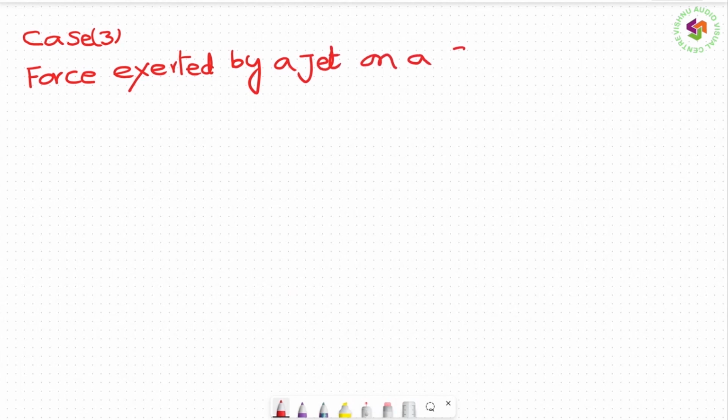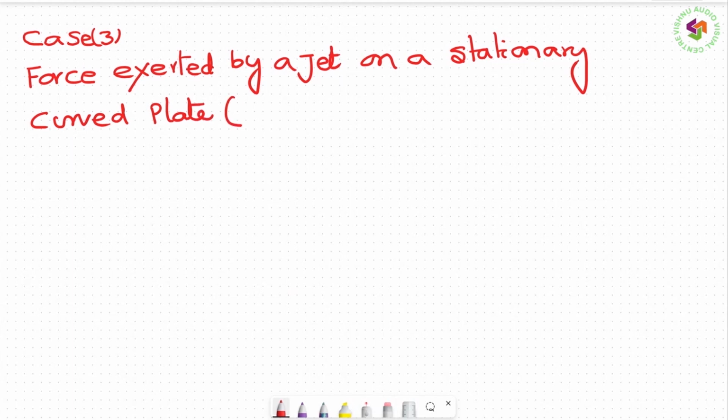What is case 3? Force exerted by a jet on a stationary curved plate, or the same thing is called vane.